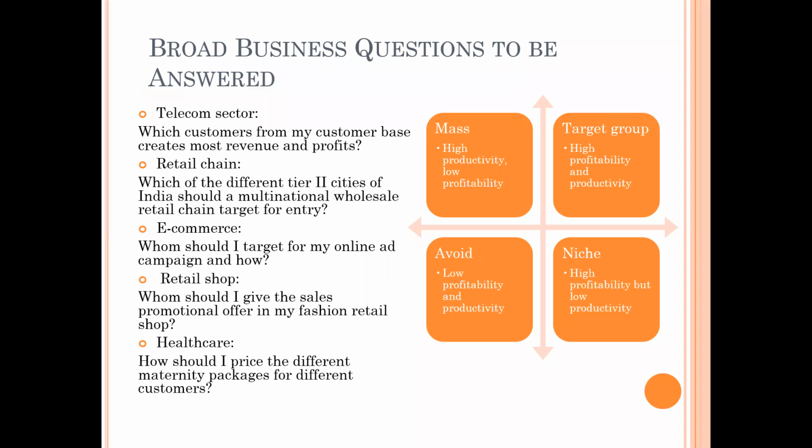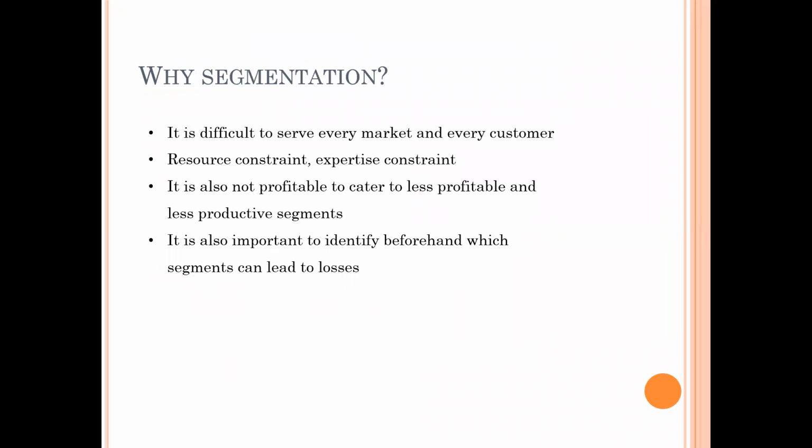Whom should I target for my online and offline campaign? Can I club the customers based on their campaign proneness? So there can be so many ways you can use customer segmentation. Why do we generally do this segmentation? Because in most cases, whenever we do customer segmentation or any kind of segmentation, we are not able to tackle the whole thing, all the groups of people.